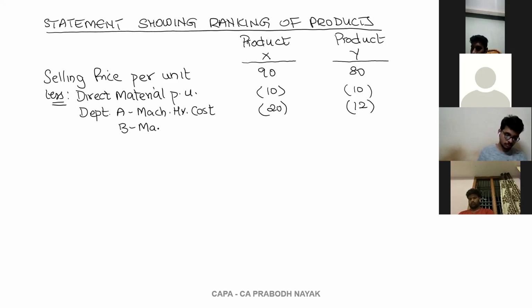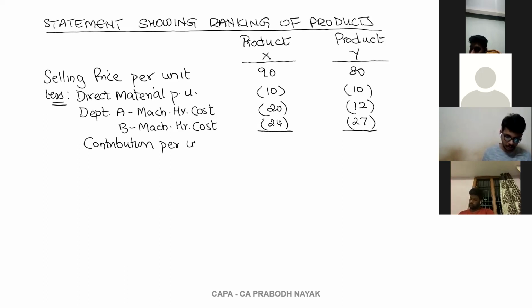Department B, machine hour cost: 60 into 0.4 is 24, and 60 into 0.45 is 27. Contribution per unit: 36 for X and 31 for Y.